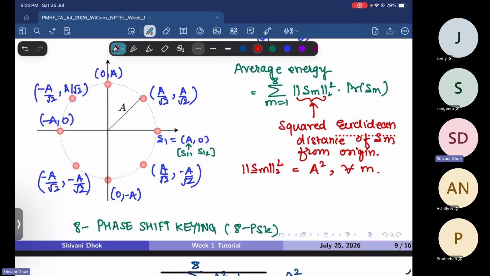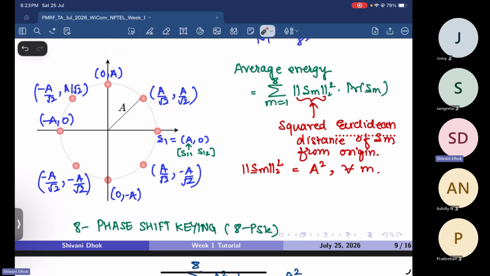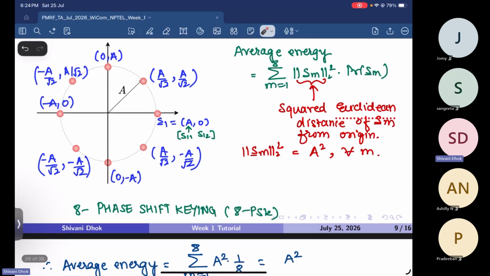That does not mean that each symbol is represented by 8 bits. How many bits can you use to represent these 8? Simply 3 bits, because 2 to the power 3 is 8. So when you have 3 bits, you get 8 unique combinations of 3-bit sequences. So this 8 PSK constellation can be represented using 3 bits.